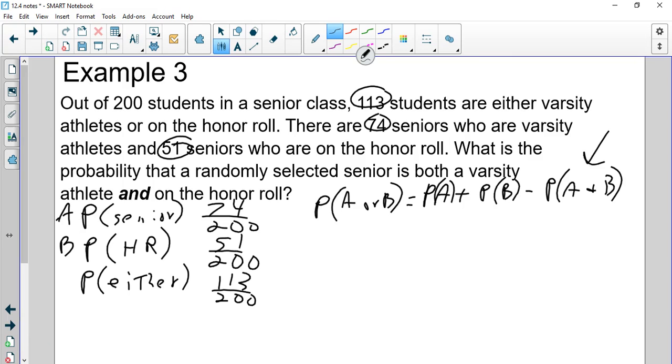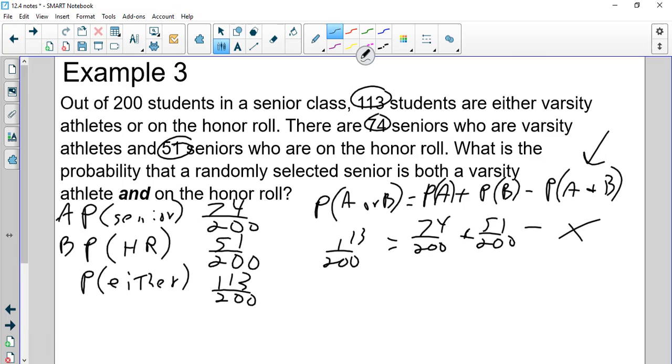And we have everything else we need. A or B is 113 over 200. Probability of A is 74 over 200. Probability of B is 51 out of 200. Minus, we're just going to call this x because that's what we're trying to solve for.